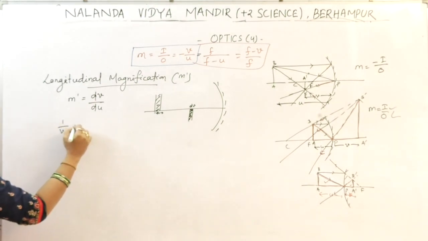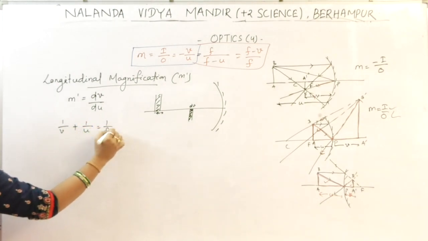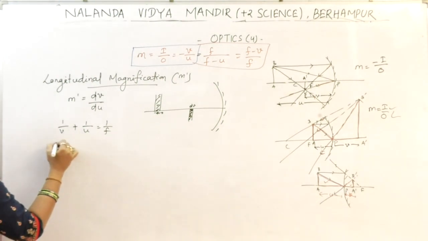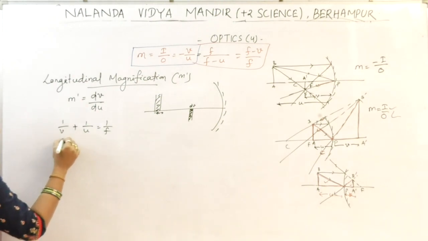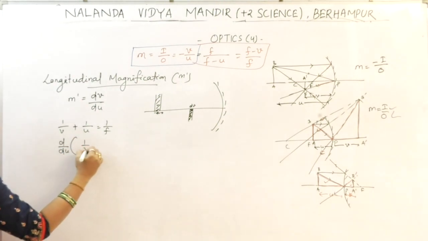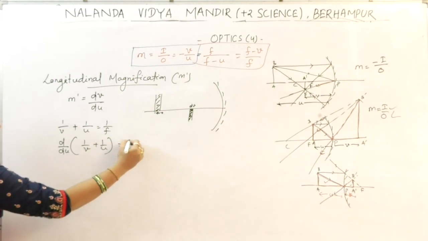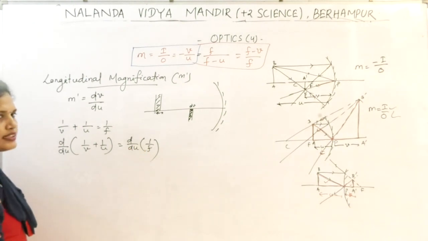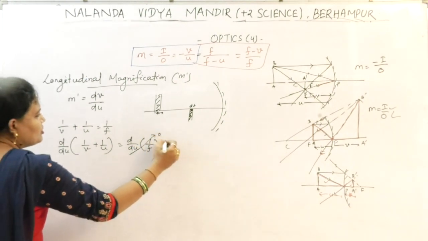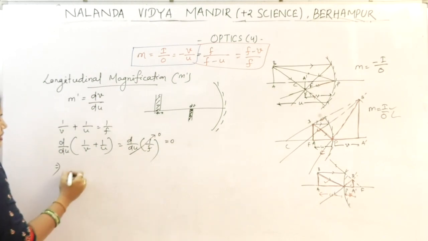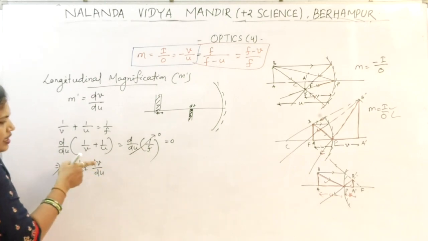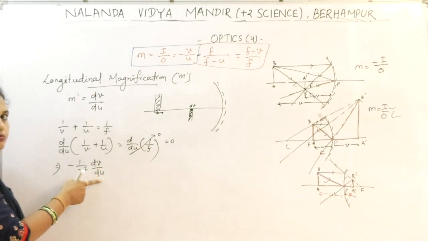Now let us take 1 by v plus 1 by u equal to 1 by f, the mirror formula, and differentiate it with respect to u. So d by du of 1 by v plus 1 by u equals d by du of 1 by f. For a mirror, the focal length is constant, so this term will be 0. That implies minus 1 by v square dv by du, because the image distance depends upon the object distance.